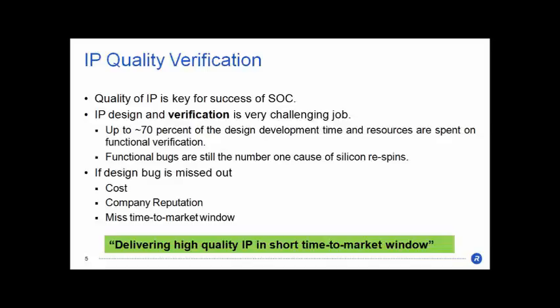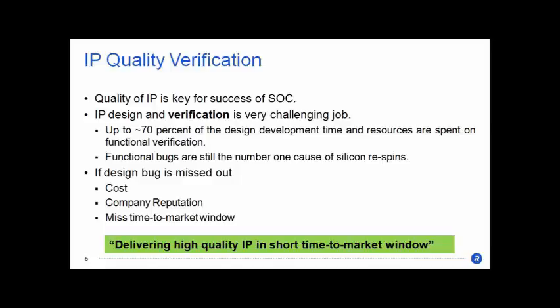So really, the quality of IP is very, very essential and important. If you miss out any issues and if you have compromised on quality, then you will definitely have cost implications, because of that one functional issue, you have to respin the design, and that is going to cost you a lot, because one tape out would be like $1 million or more.